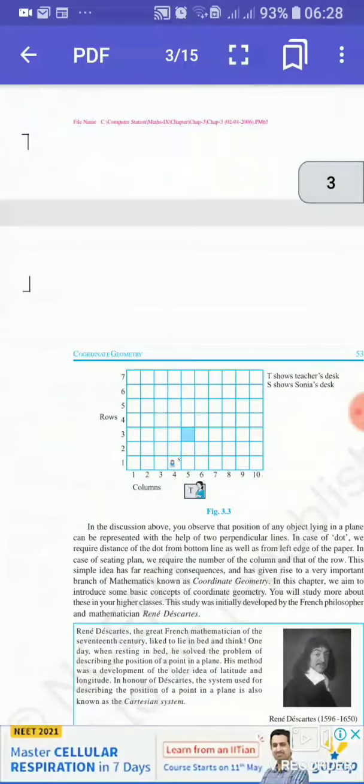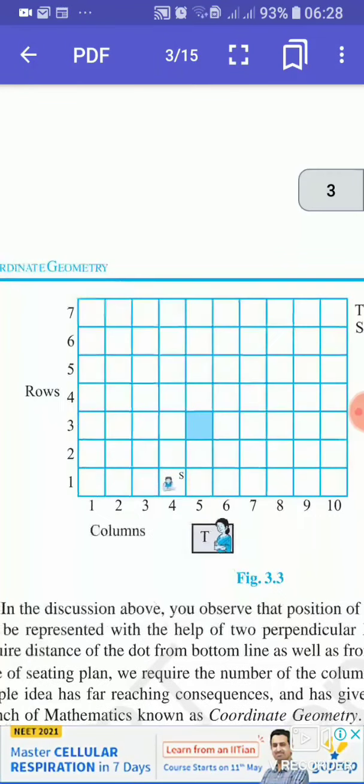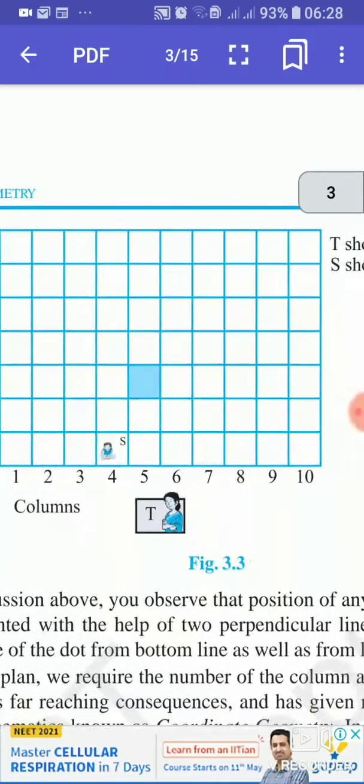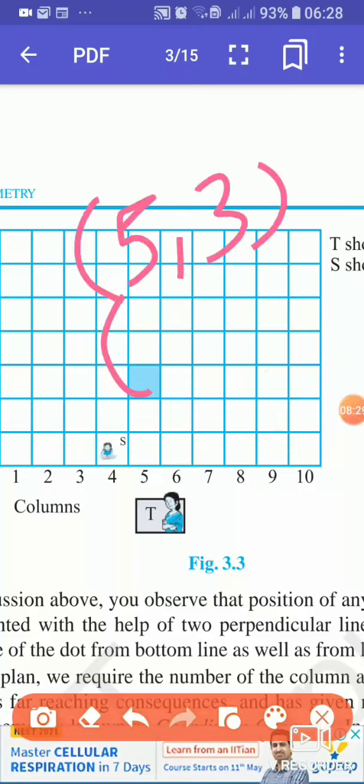You can see by the help of this figure. This one. Column is 5, your position from 1, 2, 3, 4. You are in the 5th column and row number 3rd. So your position will be indicated by 5, 3. This one, 5, 3. Okay.